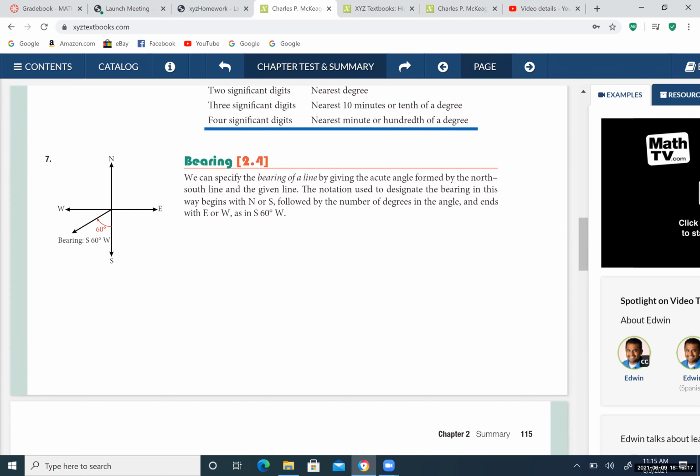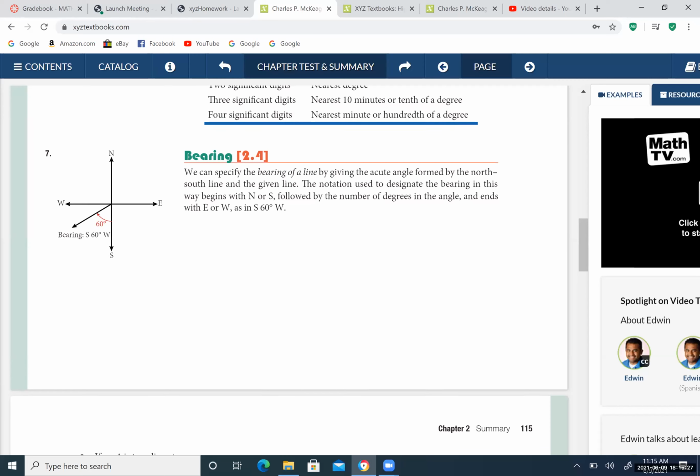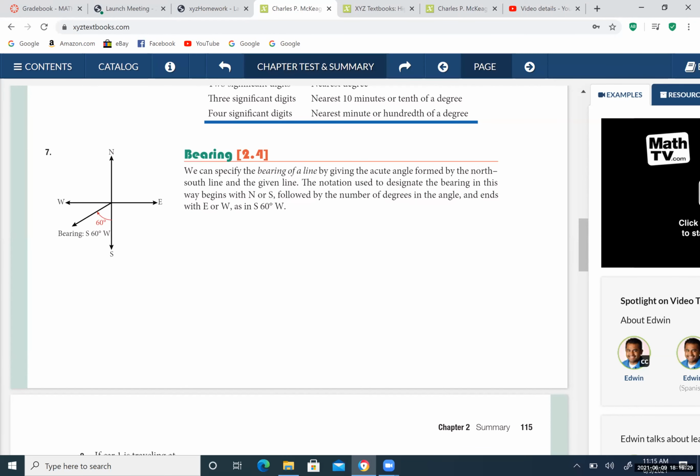I think you should know this just a bit, because this kind of relates to direction, vectors. We can specify the bearing of a line by giving the acute angle formed by the north-south line. So north and south look like combined.